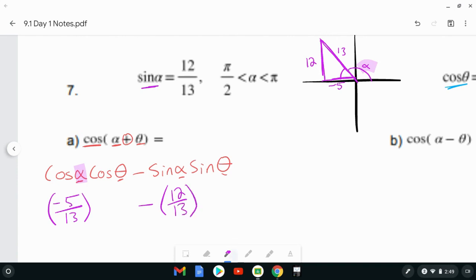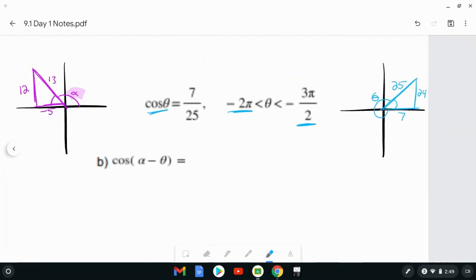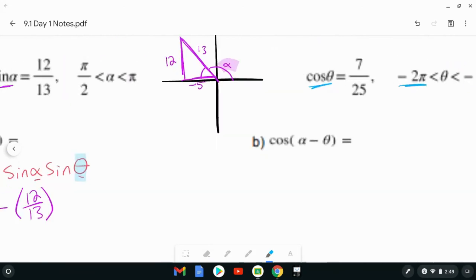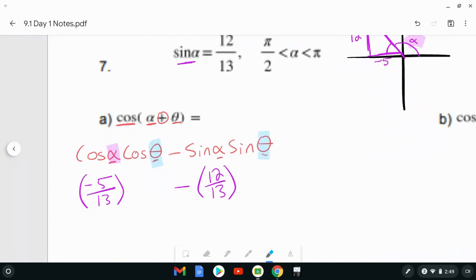And now if we look over at theta, for cosine and sine, we know cosine is 7 over 25, and sine would be 24 over 25. So again, we're just plugging in, based on those diagrams, sine and cosine of alpha and theta.